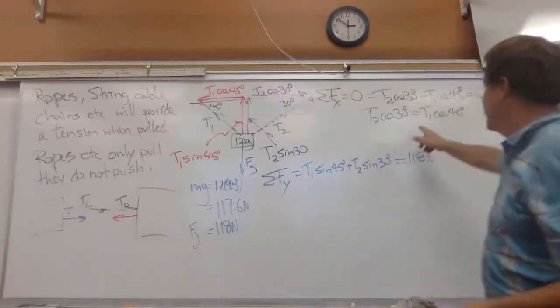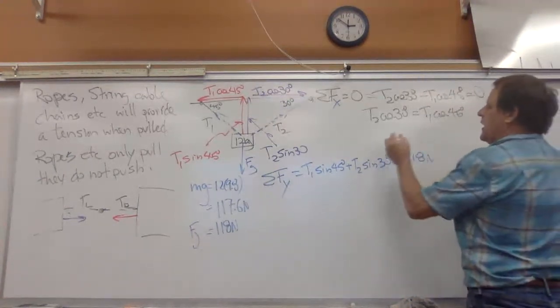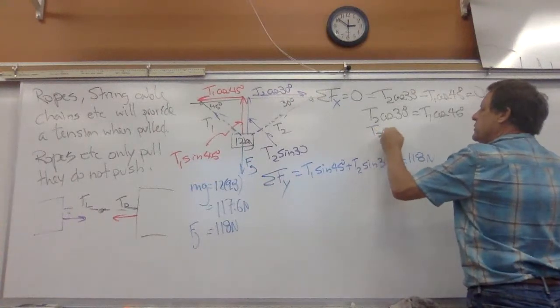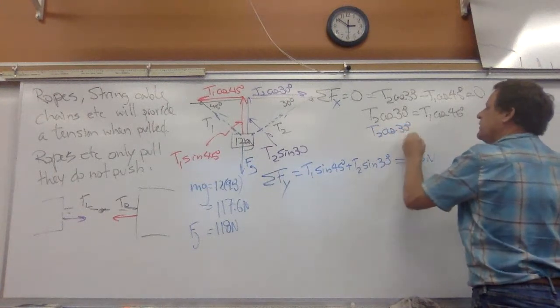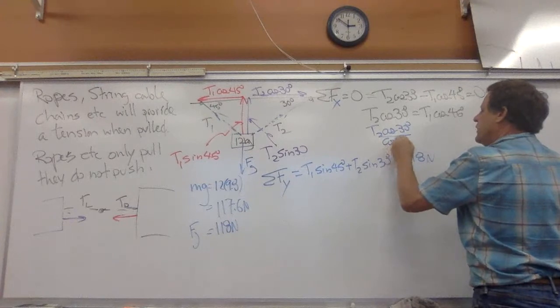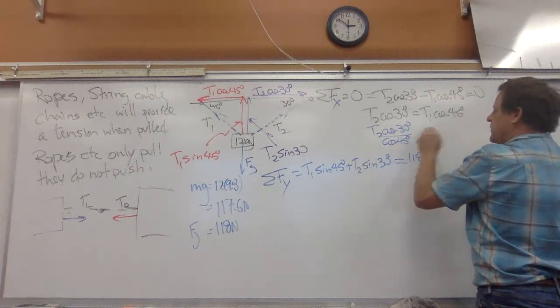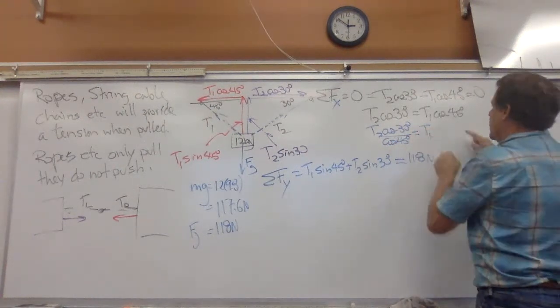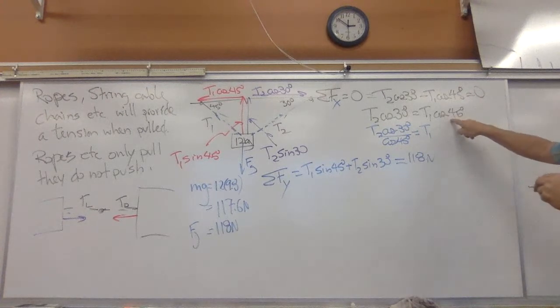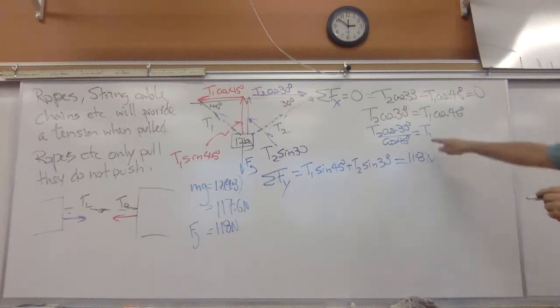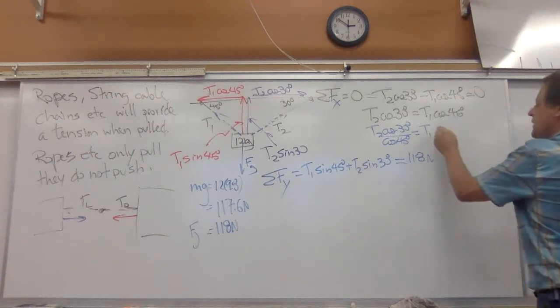So if we look here at the top, I'm going to say T2 cosine 30 degrees divided by the cosine of 45 degrees is going to equal T1. So right there, we're going to divide both sides, and now we've isolated T1.